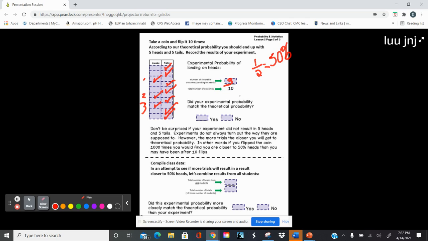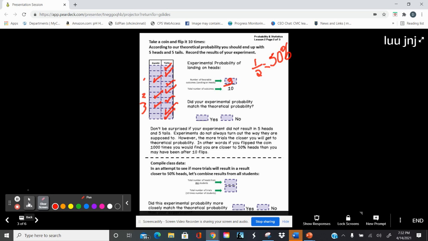Since we only did 10 trials, our number is a little bit off. If you had 1,000 trials, then you probably would be more at 50%. It just depends on how many trials you do, but technically it'll always be around about 50%. But again, it's very rare. I'm not saying it can never happen, but it's very rare that it's going to be exact.